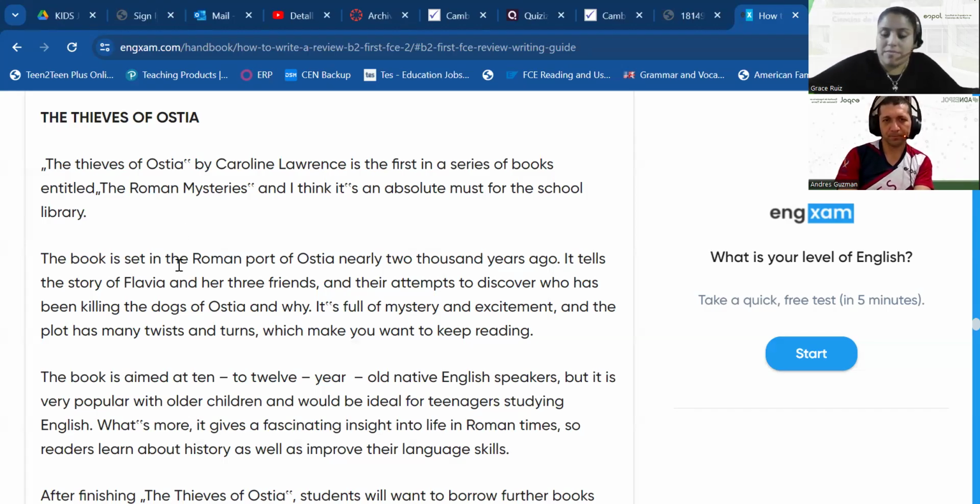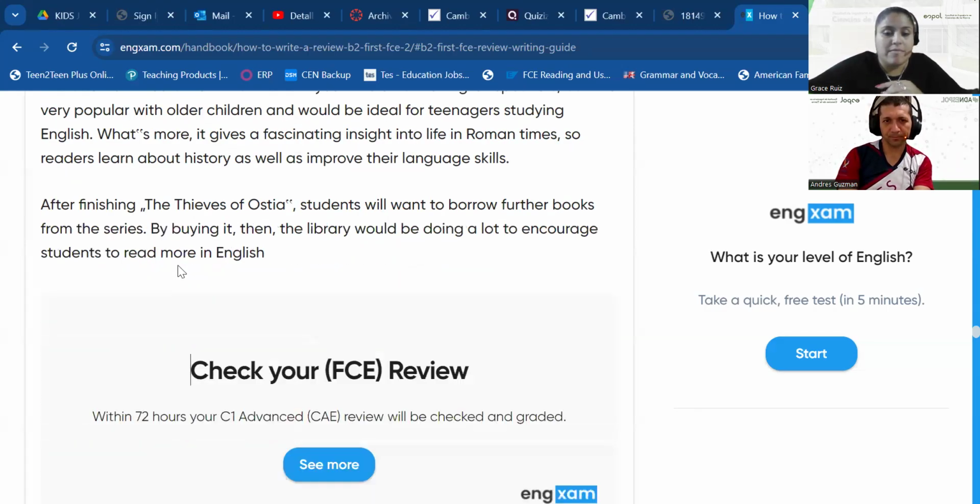Okay. After finishing The Thieves of Ostia, students will want to borrow further books from the series. By buying it, then the library would be doing a lot to encourage students to read more in English.